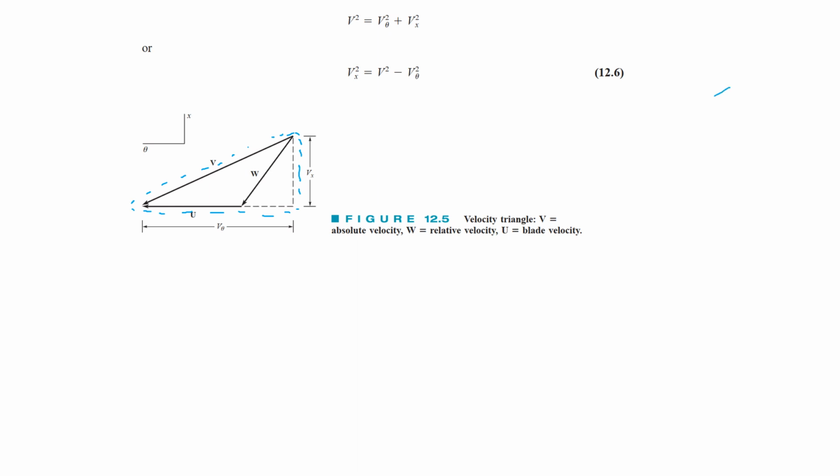If I draw that here, this bigger triangle contains the absolute velocity V and its two components, Vx and V theta, and this is a right angle triangle. Now we can apply Pythagoras theorem, as we already know. So here V square is equal to V theta square plus Vx square. Rearranging it like this, because we will use it somewhere else.